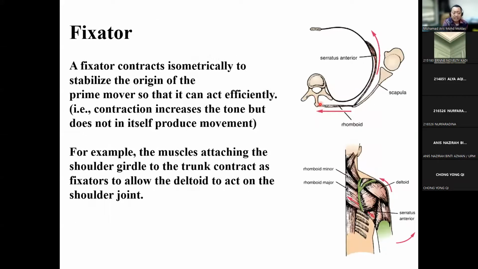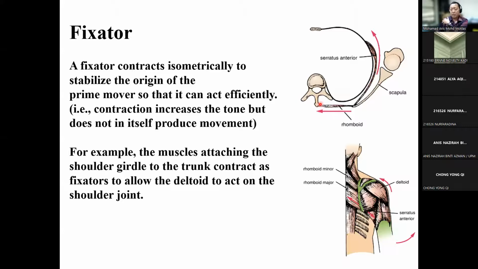What is a fixator? A fixator contracts isometrically to stabilize the origin of the prime mover so that it can act efficiently. Its contraction increases the tone but does not in itself produce movement. For example, the muscles attaching the shoulder girdle to the trunk contract as fixators to allow the deltoid to act on the shoulder joint.